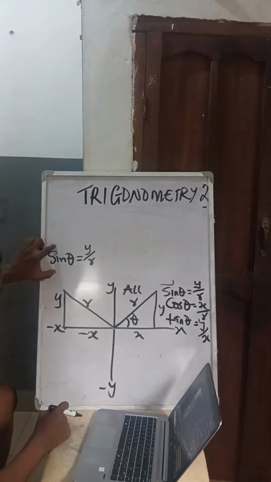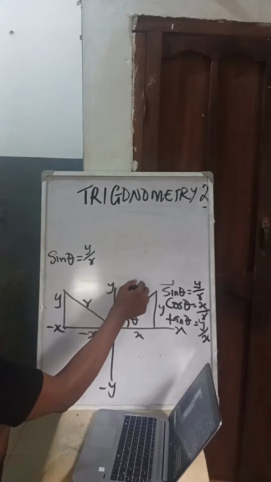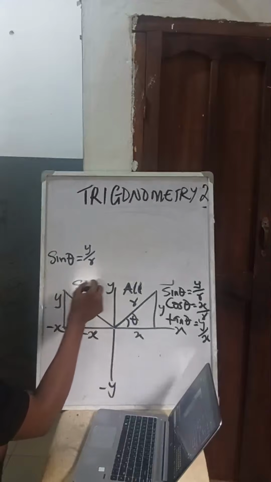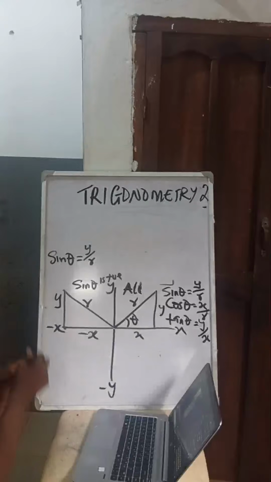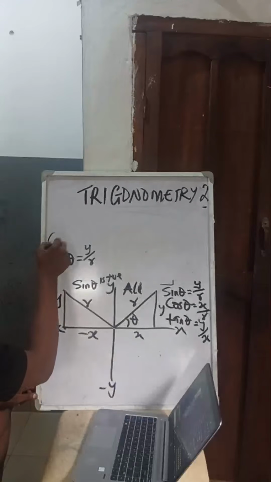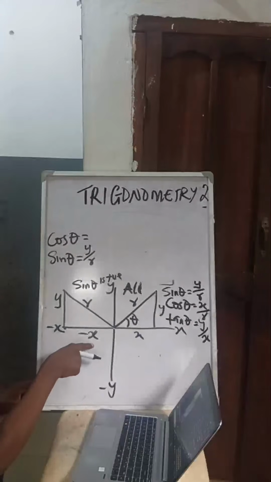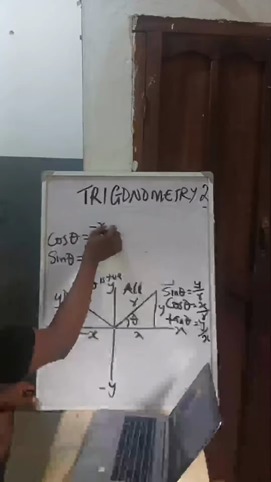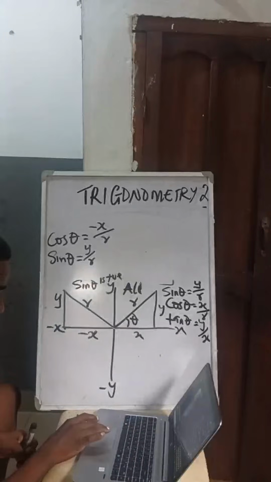Positive. So sine is positive here. That is why we say that sine is positive in second quadrant. So sine theta is positive in second quadrant. Again, cos theta is equal to minus x, have you seen it? Over r. So minus x over r.